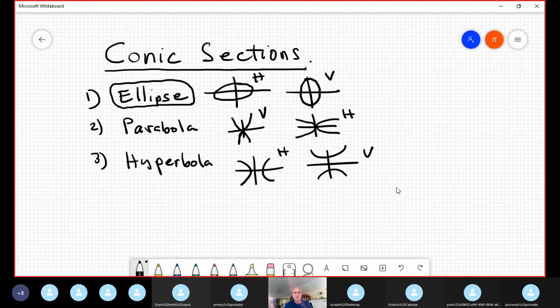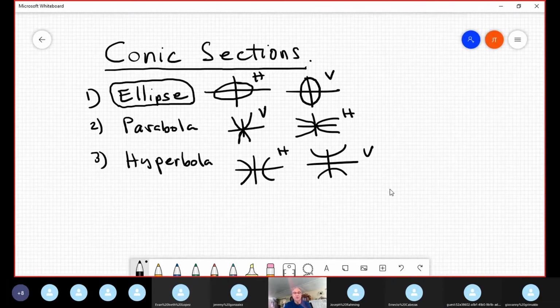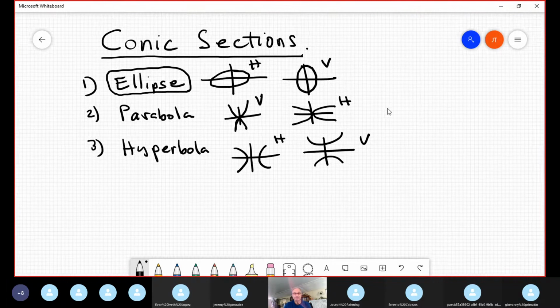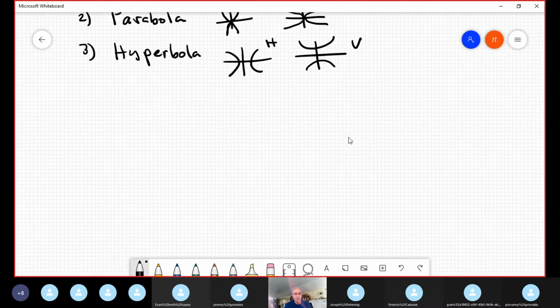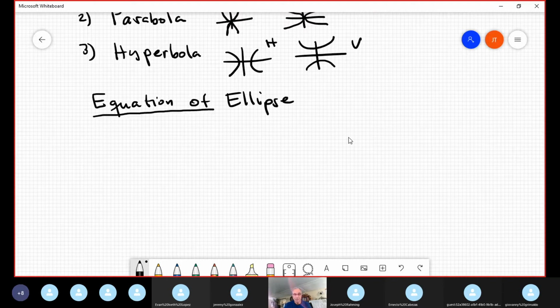Ellipse, let me show you the most important things you need to know about the ellipse. Okay, number one is the equation. One possibility of the equation is x squared over a squared plus y squared over b squared equals 1.